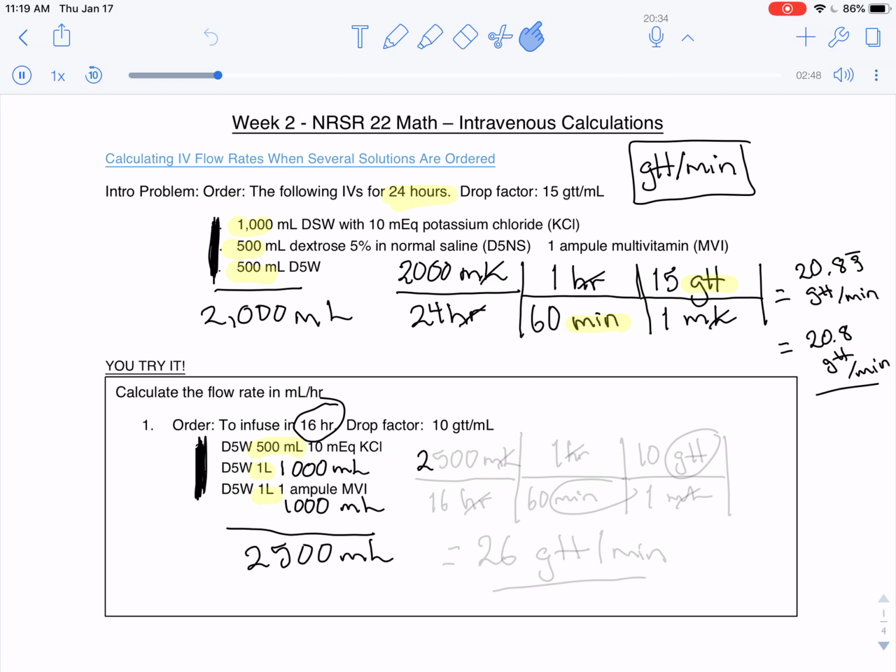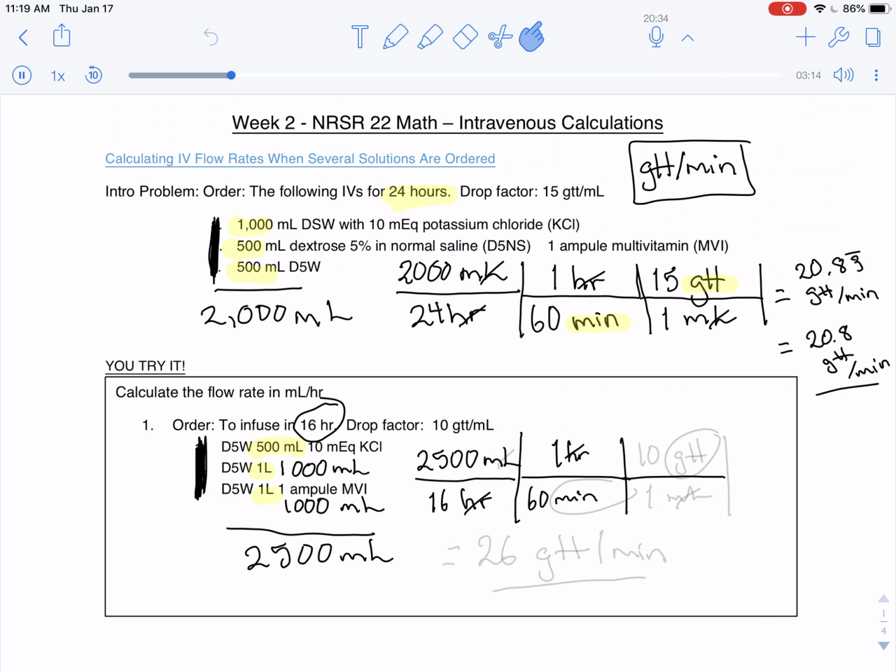So we would write 2,500 over a total period of 16 hours. Likewise to the previous problem, we need to convert hours into minutes as well, since we are looking for drops. So then in 1 hour, there are 60 minutes, and these would cancel out.